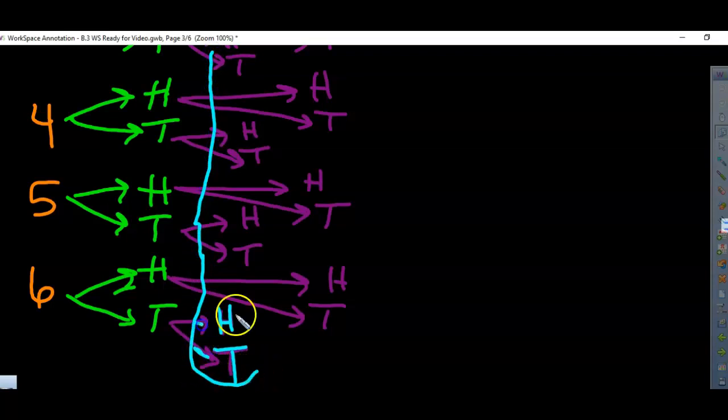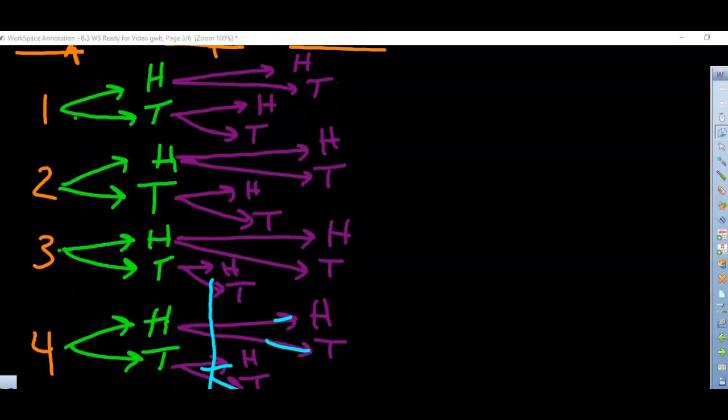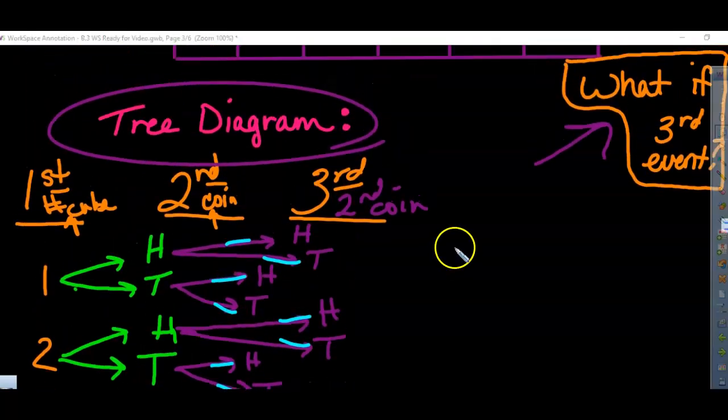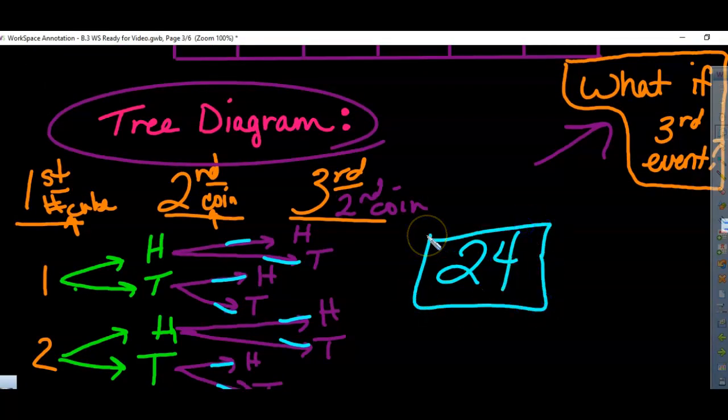So we have 1, 2, 3, 4, 5, 6, 7, 8, 9, 10, 11, 12, 13, 14, 15, 16, 17, 18, 19, 20, 21, 22, 23, 24. So we added one more coin to the mix, and now instead of 12 options, there are 24 different possible combinations of rolling a number cube, flipping a coin, and then flipping another coin. Tree diagram.